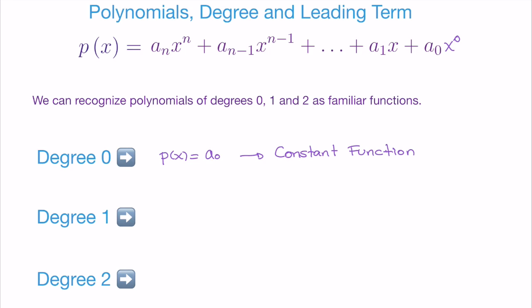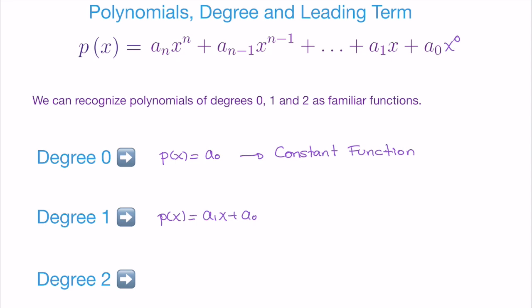Pause the video and try to think which known function is a polynomial of degree 1. If we have degree 1, it's because p of x equals a1x plus a0. Do you see this as a familiar function for us? Can you think what this is?